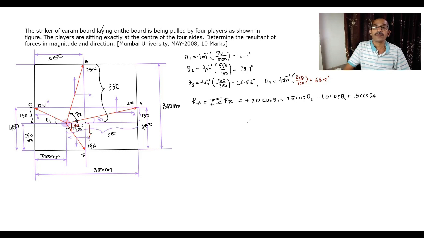Now we substitute theta 1, theta 2, theta 3 and theta 4 and find the Rx value. It comes out to be 20.29 Newton with positive sign. That means the direction of this component of the resultant is rightward. This is Rx.